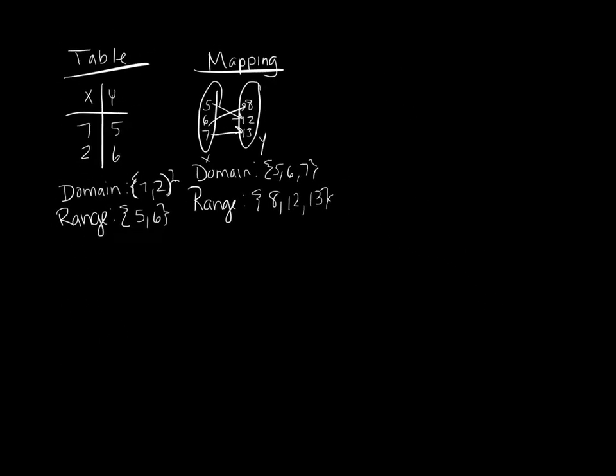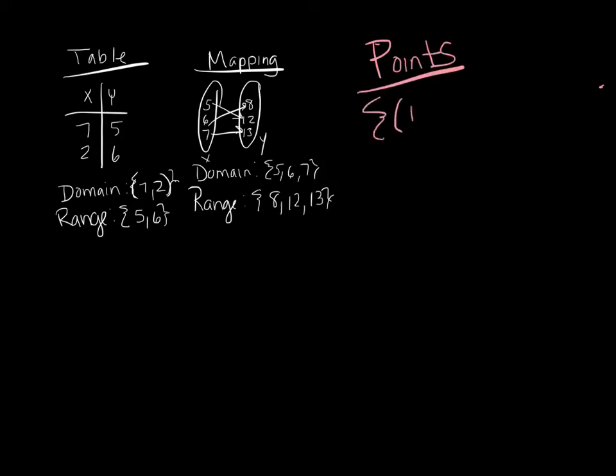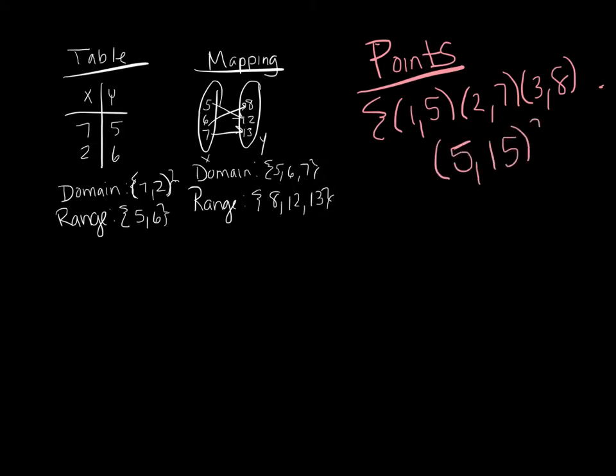We're pretty much almost done. So let's look at a group of points. So in points, let's say I have (1, 5), (2, 7), (3, 8), (5, 15). My domain is my x values, so that's always the numbers in front.